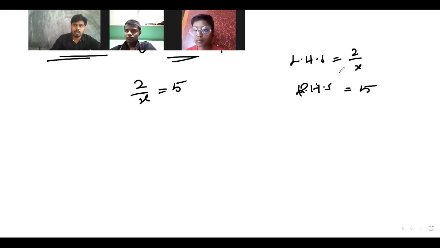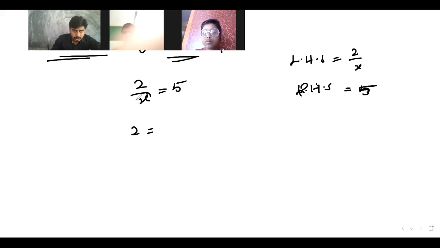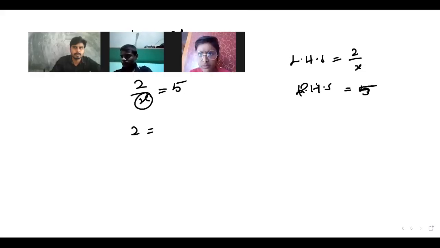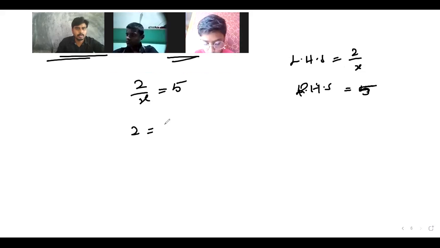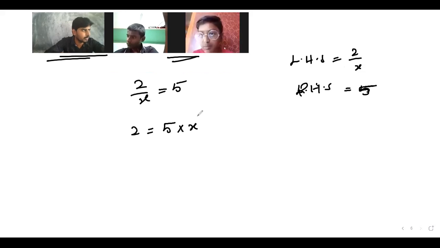Okay. Now, is it clear, Nana? Can you see clearly? Yes, sir. Now, 2 is equals to, I'm transposing this x. What does it become? 5 into x. Now see, this x is having a division operation with this 2.